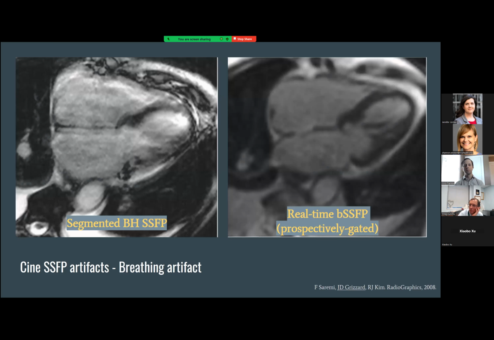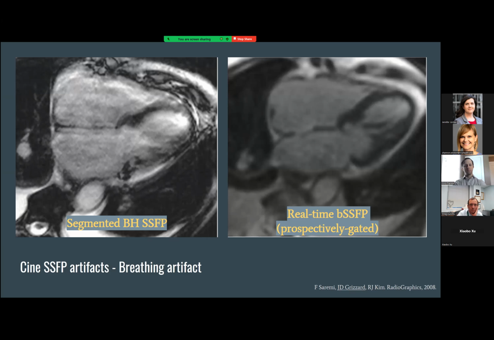If we're not worried about ECG gating, we might run into the case of breathing artifacts. This is really something that comes up with patients who have lung issues or are very non-compliant with instructions or just physically exhausted by the end of a long exam with all the breath holds. On the screen here, I've got an example of long axis cardiac SSFPs.